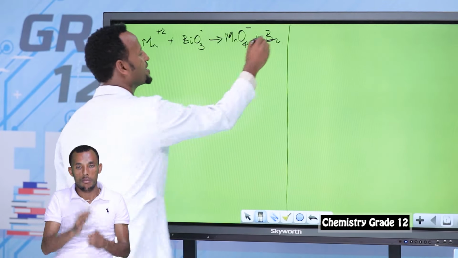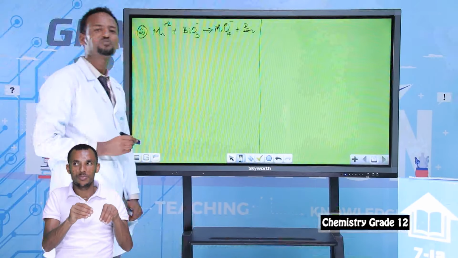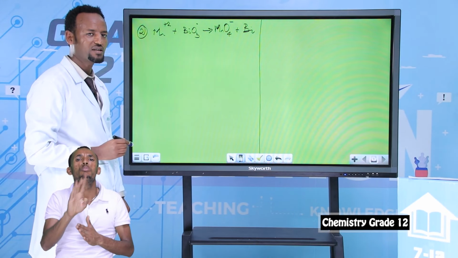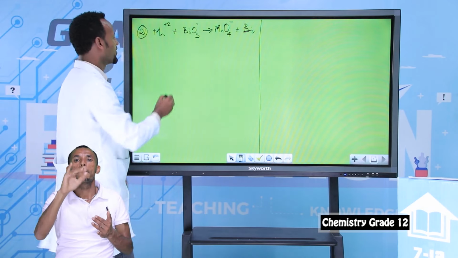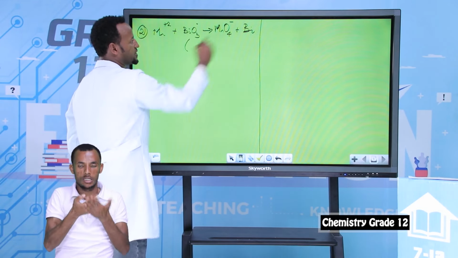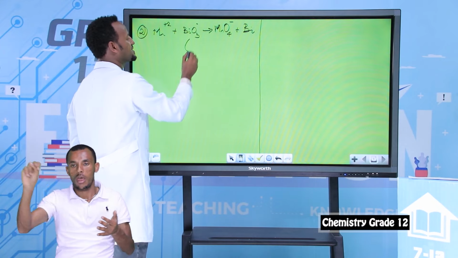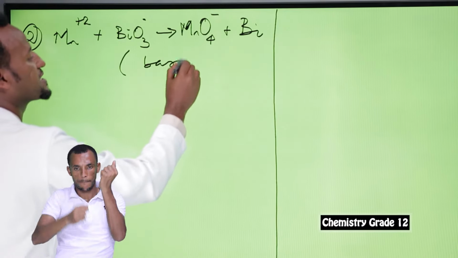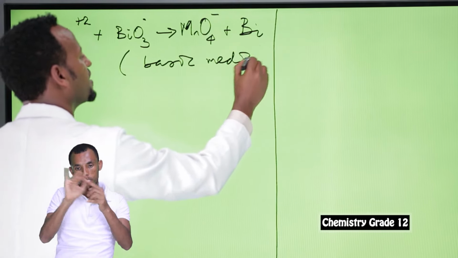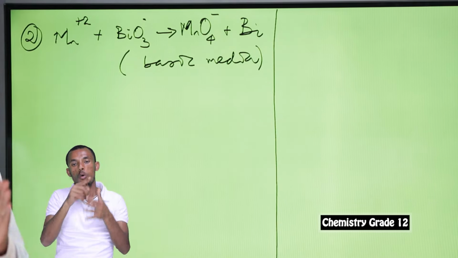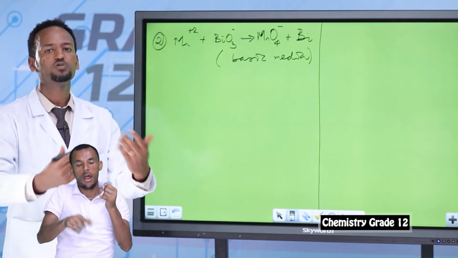By the way, students, what is Bi? Bromine or bismuth? Bi is bismuth. Therefore, this is one equation in the ion electron method. This is in basic media, because the first example is in acidic media. In basic media, the only difference is that in the final stage we convert to basic media in the form of OH minus.